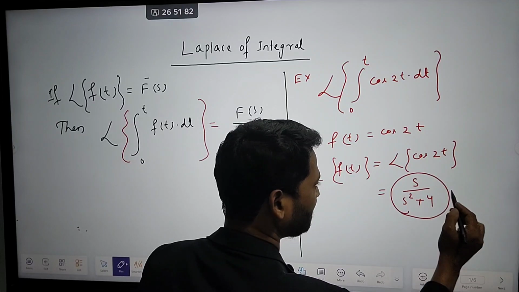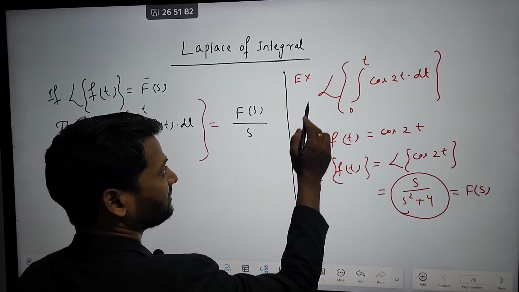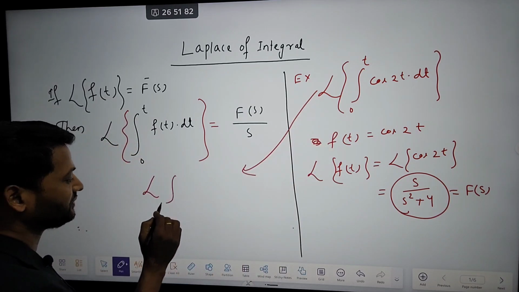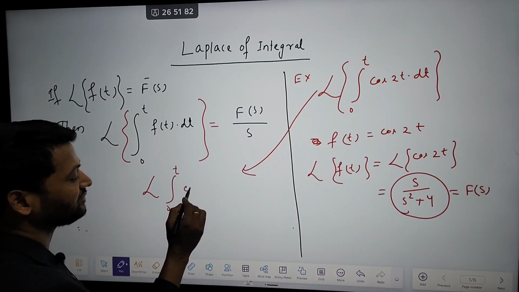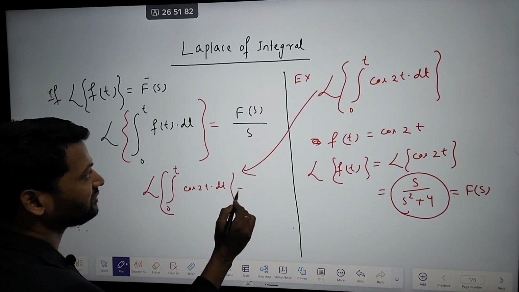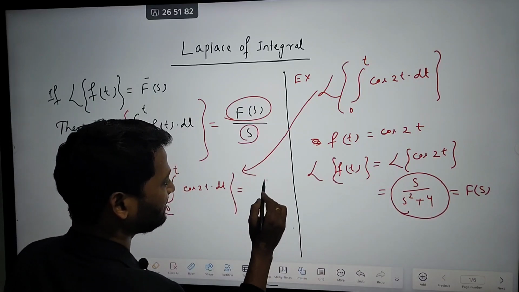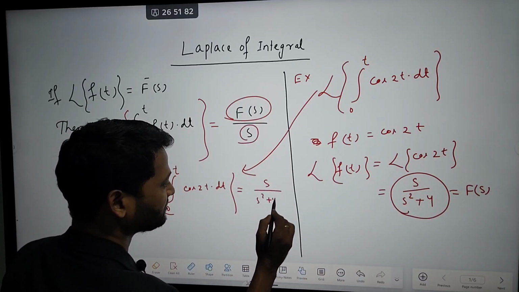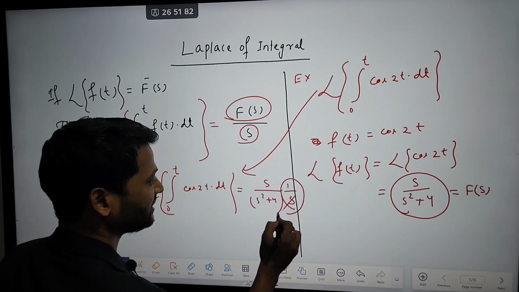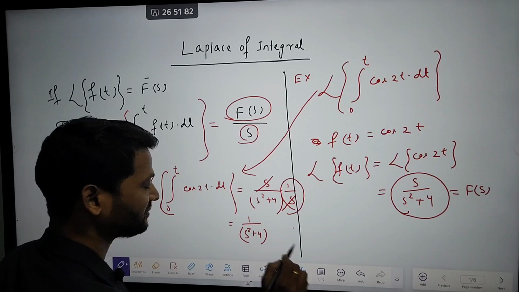This part is called F(s). So the Laplace of the integration from 0 to t of cos 2t dt, as per the definition, is F(s) by s. F(s) is s by s square plus 4, and by s means multiply by 1 by s. s will be cancelled. So the answer is 1 by s square plus 4.